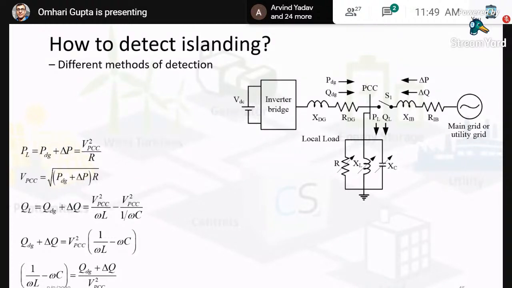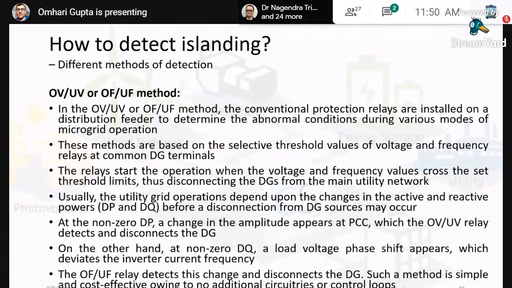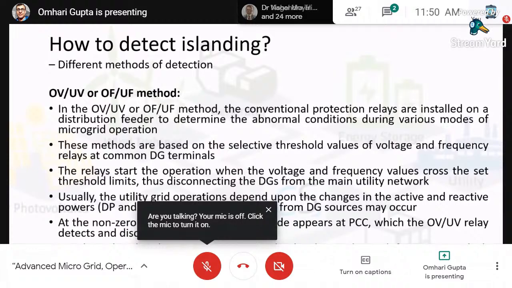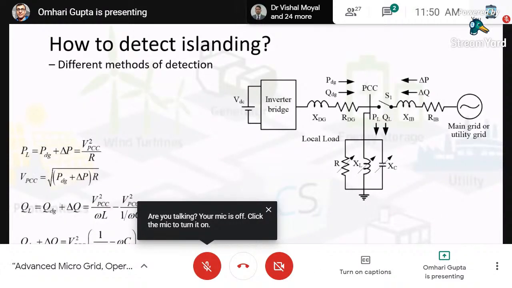In this case as well, the over frequency, under frequency relay will fail to detect the islanding, and again this will lie within the non-detectable zone. So that is one aspect of understanding the non-detectable zone as well as the limitation of the passive method, or the over voltage under voltage method.